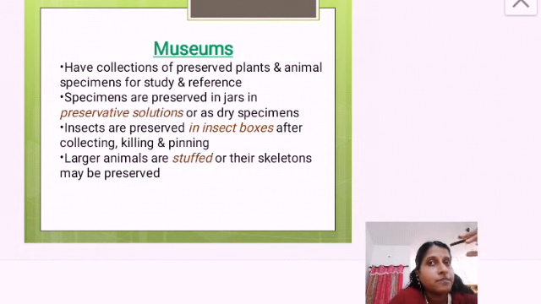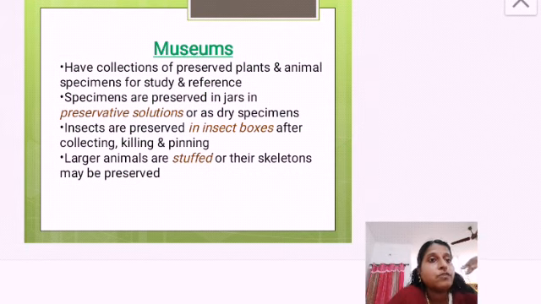In case of animals, from inside they take away all the parts which are degradable. They remove them and stuff the animal with cotton, and preserve it. As for living organisms, they keep them in jars containing preservatives wherein they are preserved without decaying.